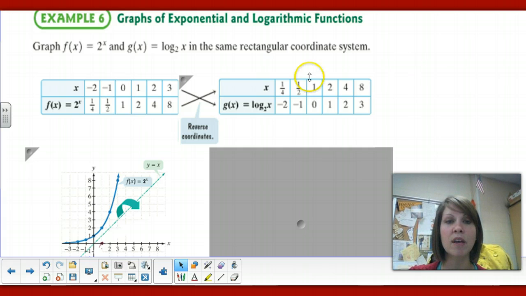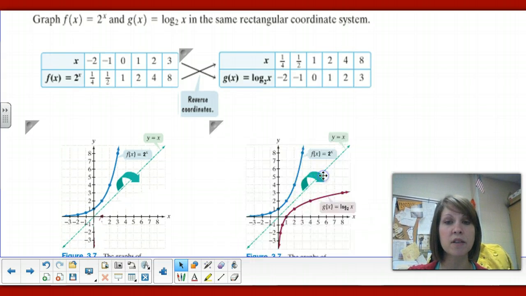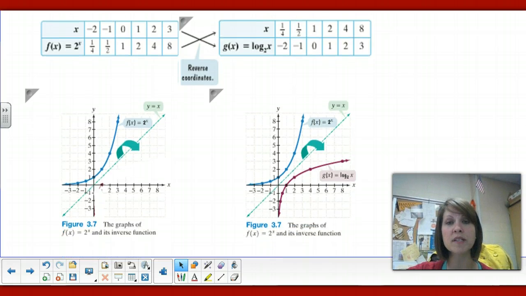So instead of having 3, 8 on f of x, we have 8, 3 on g of x. The graphs will look like they have been reflected over this line y equals x that I'm showing there. And here's the full graph. The blue is the f of x, and that purplish raspberry color, that is your g of x. That's your logarithmic function. Okay?